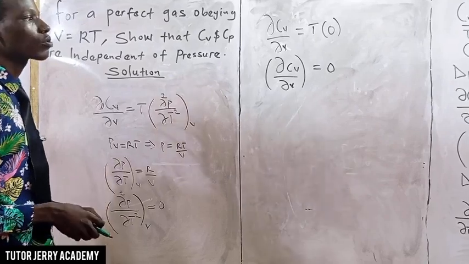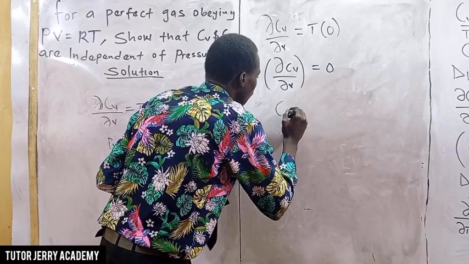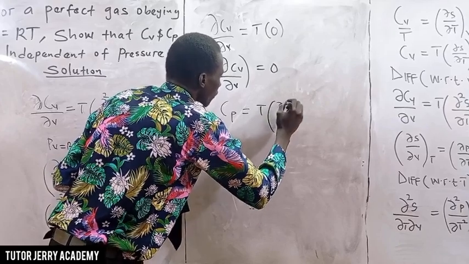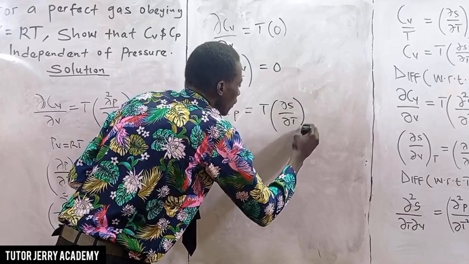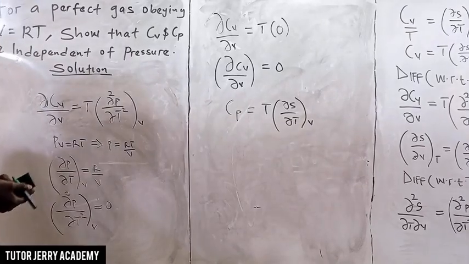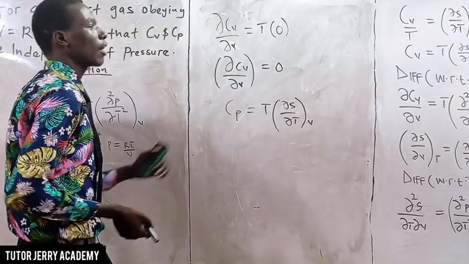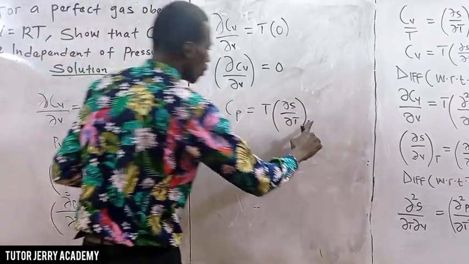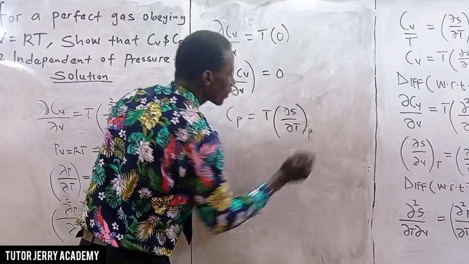For us to do that, we know that Cp is equal to T into the partial derivative of S all over the partial derivative of T, keeping P constant. Now, we are going to differentiate this equation with respect to P. We are dealing with constant pressure here, so P is going to be kept constant.